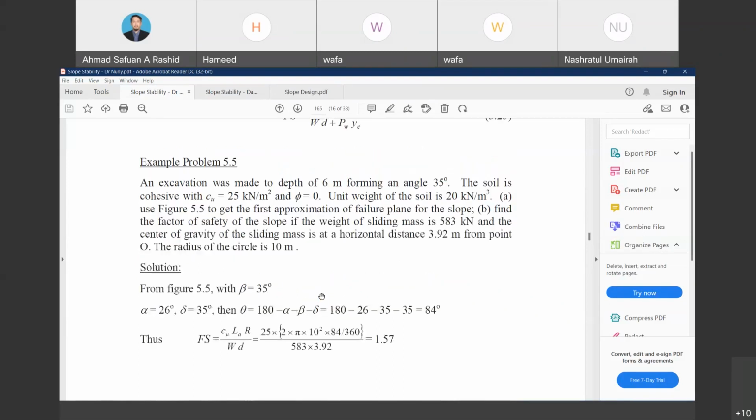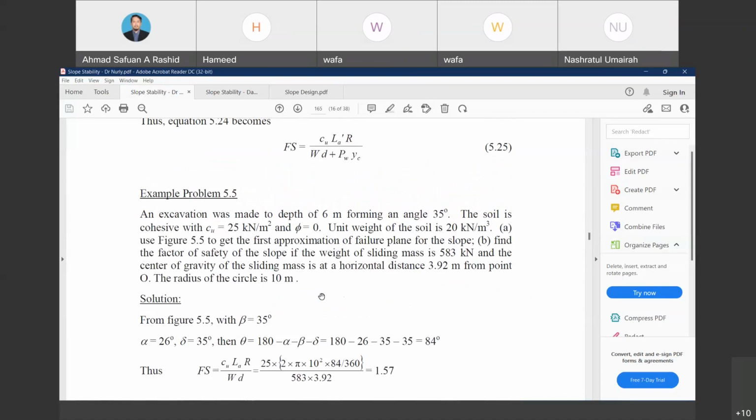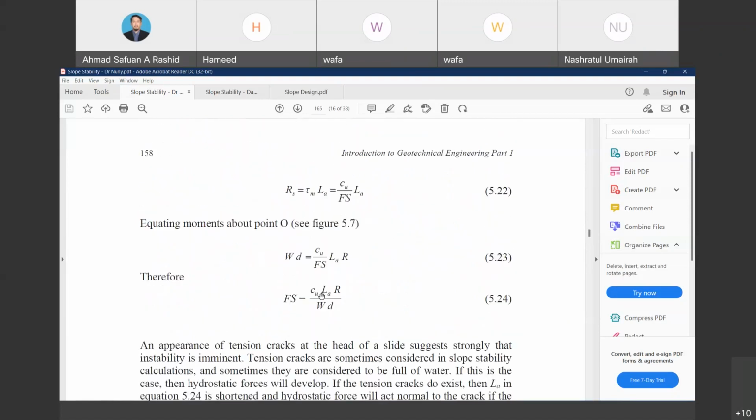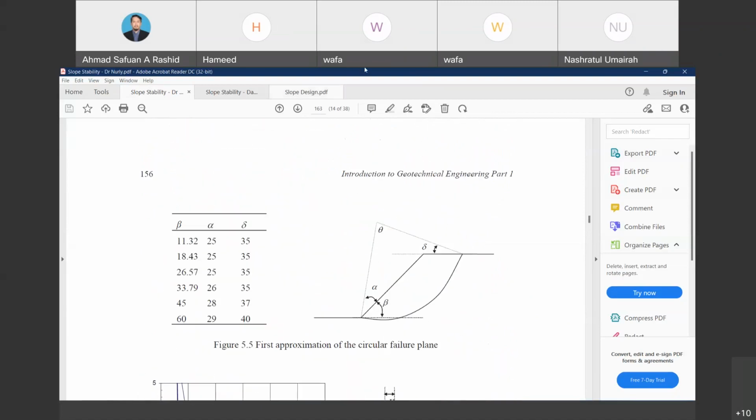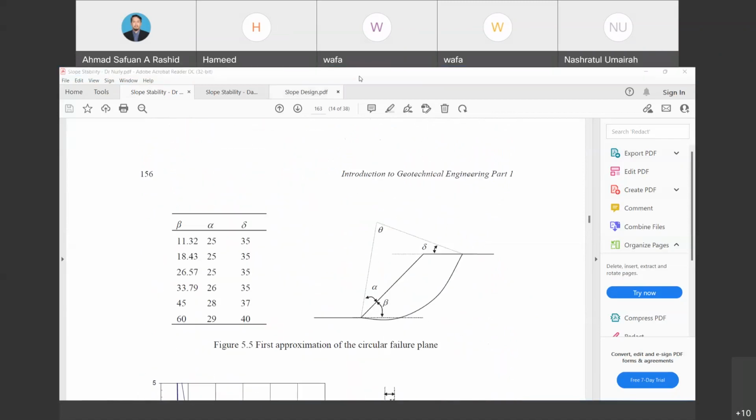So based on figure 5.5, for example, if the beta is equal to 35, so your theta is equal to 26, and your delta is equal to 35.